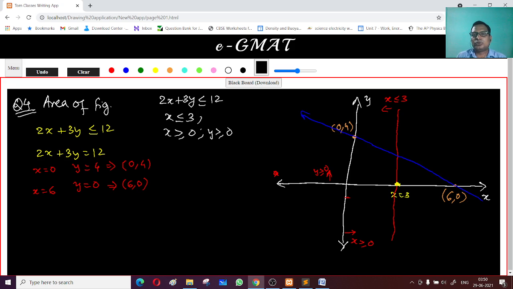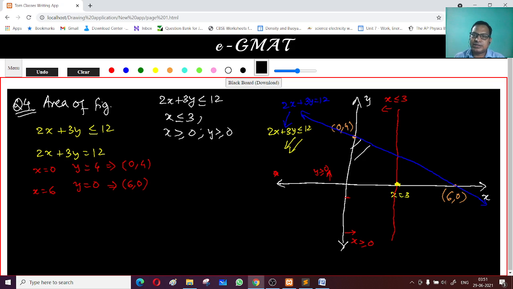this line is 2x plus 3y equal to 12, right? So the space down this side is 2x plus 3y less than 12. So this area, the area between these two and the upside area, is the area of interest.